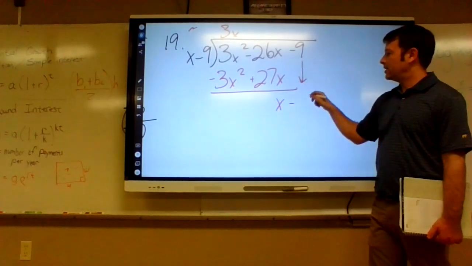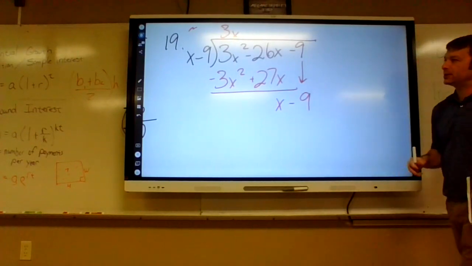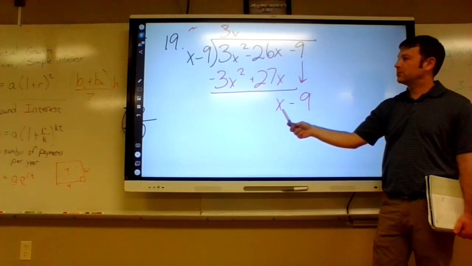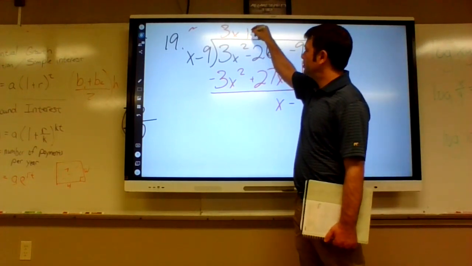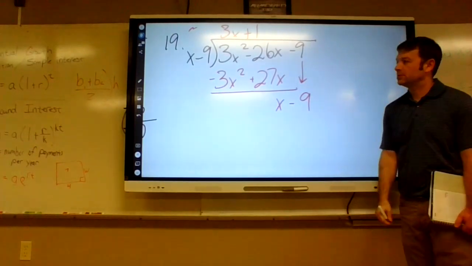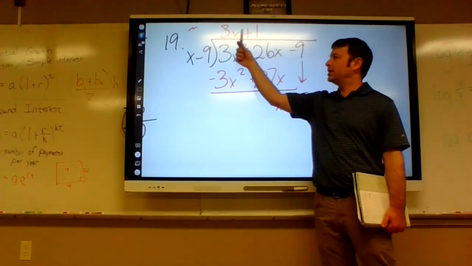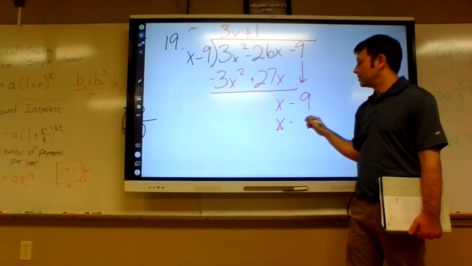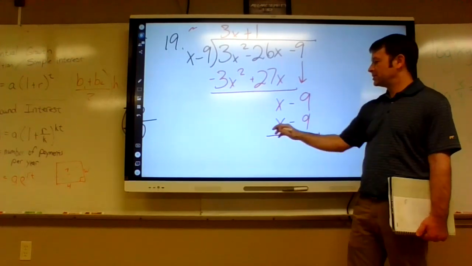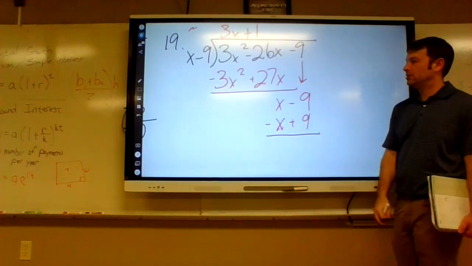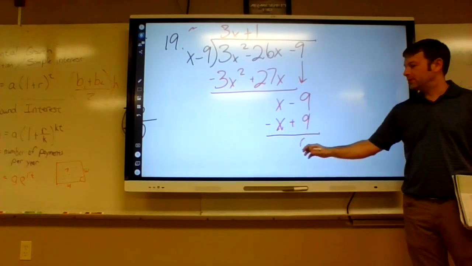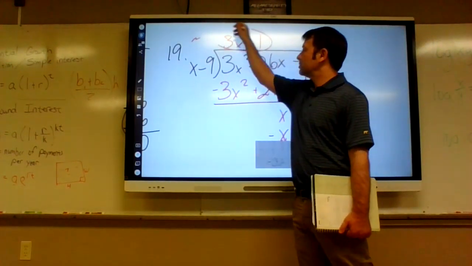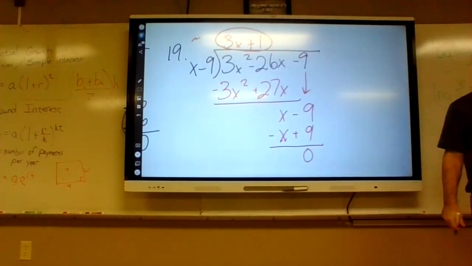Bring down the next guy, start over. X times what equals x? 1. So we're going to put plus 1. What is 1 times x minus 9? X minus 9. What happens when I subtract the bottom line? Get another 0. So no remainder, so 3x plus 1 is the answer.